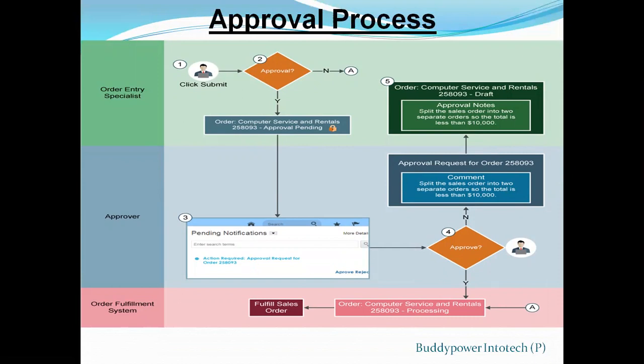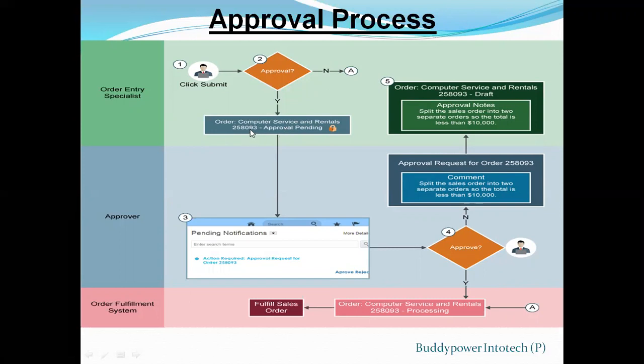And you send that approval request to your manager. So now here you can see the order is sent for approval. Here you can see the order number is 258093.